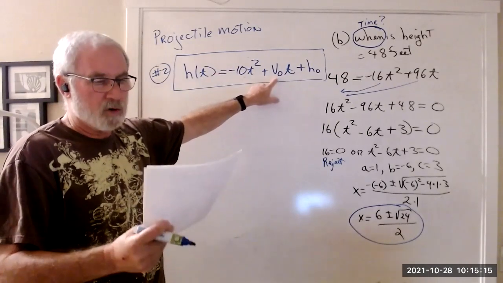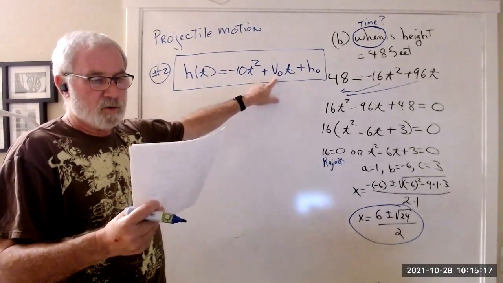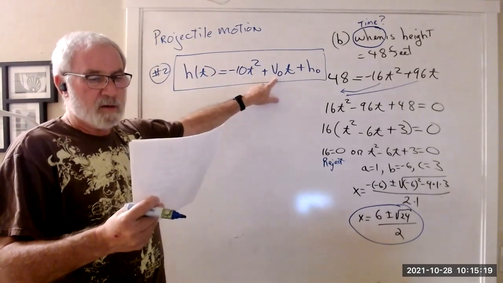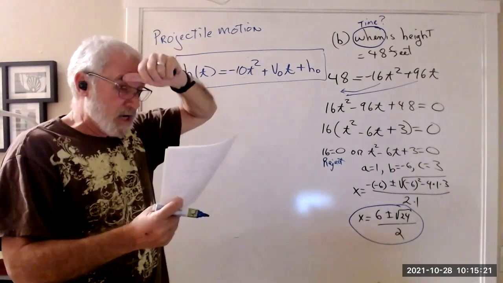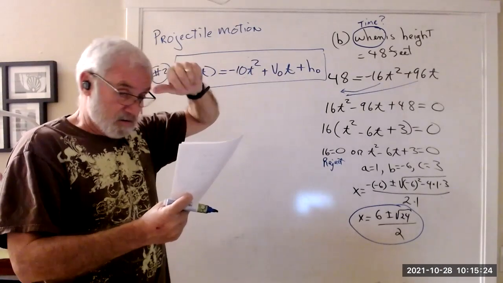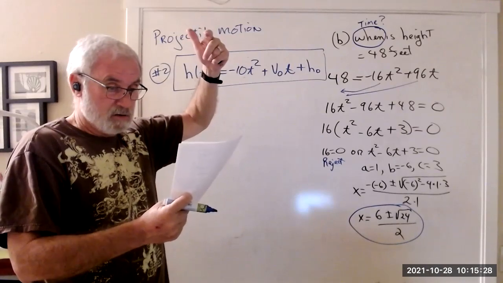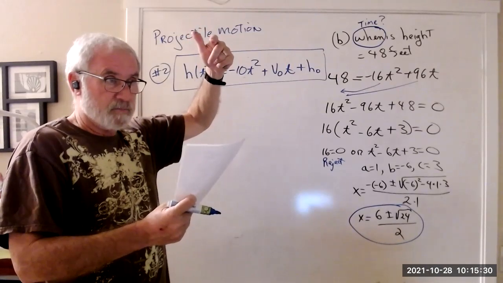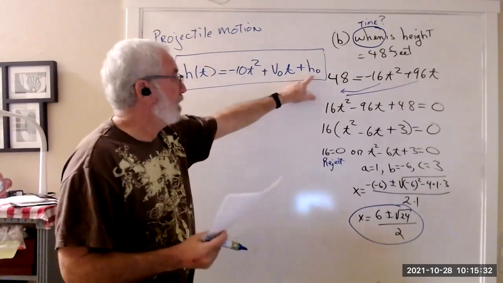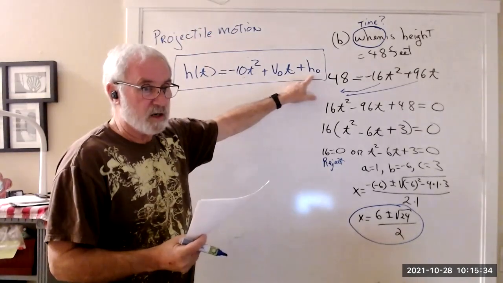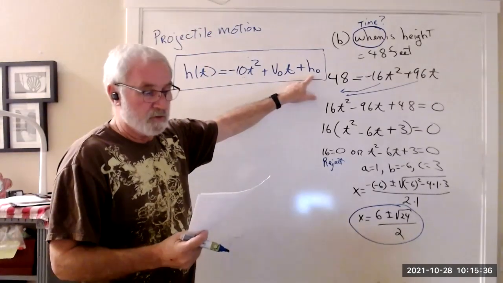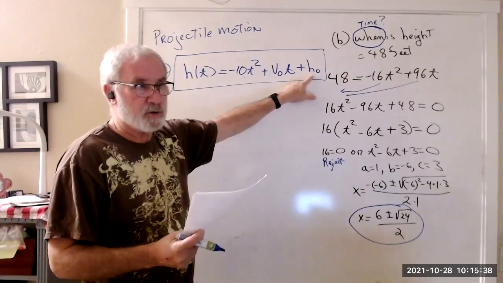V sub 0. So on a distant galaxy far, far away, princess stands on the hill. What's the 120? She stands on a hill that's 120. That's her initial height. The 120 is the initial height of when the princess is going to throw this rock.